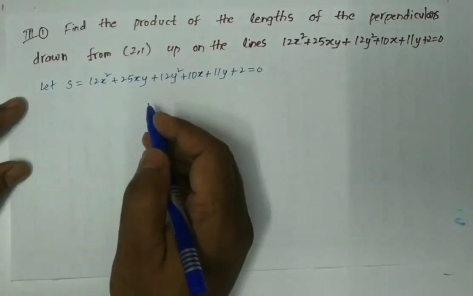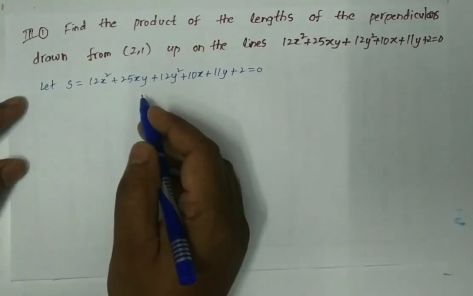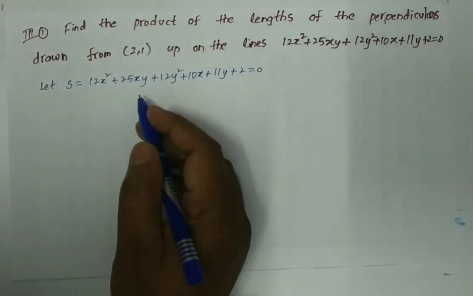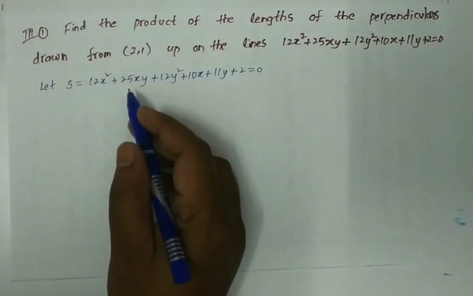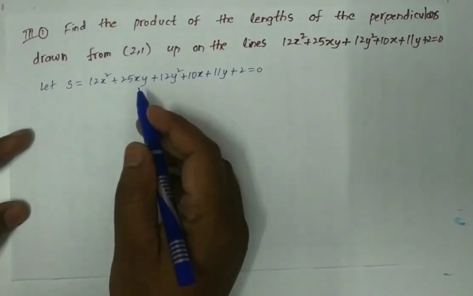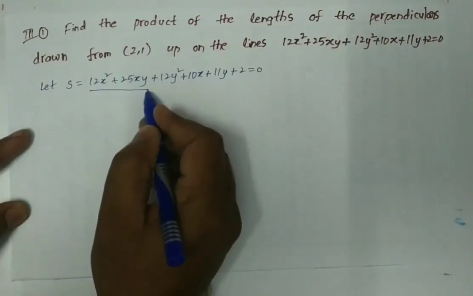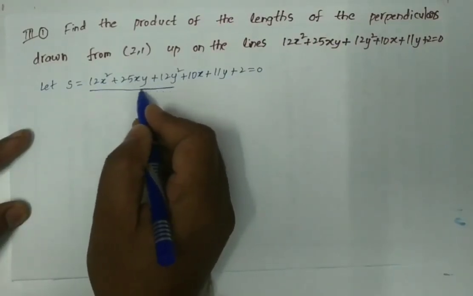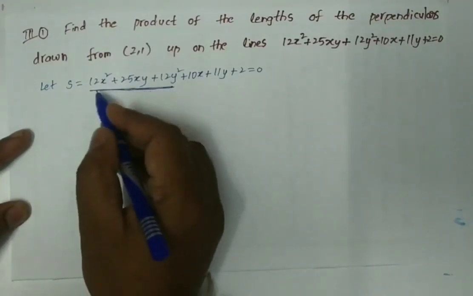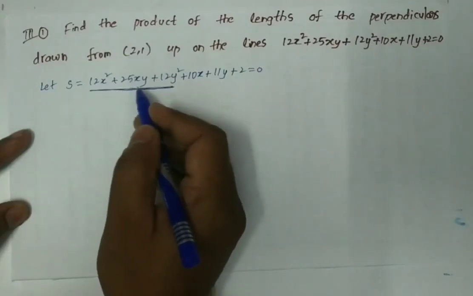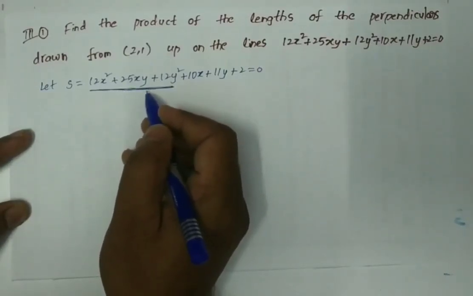Okay, if you observe here, student, this is a non-homogeneous second degree equation. Now for finding the equations which are represented by this equation, we just have to consider the homogeneous second degree equation, because this is a non-homogeneous second degree equation. So here in this equation, 12x square plus 25xy plus 12y square is the homogeneous second degree equation.